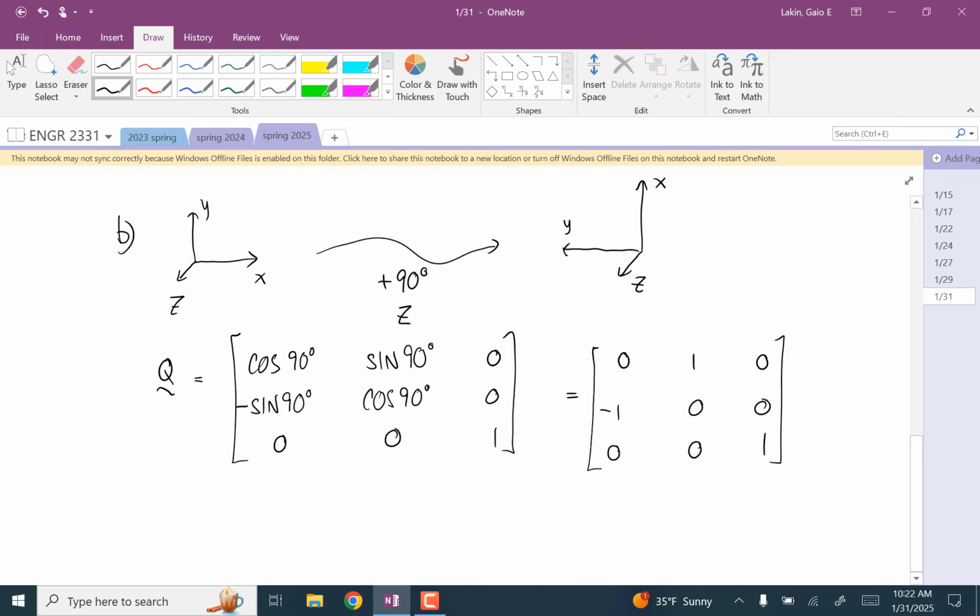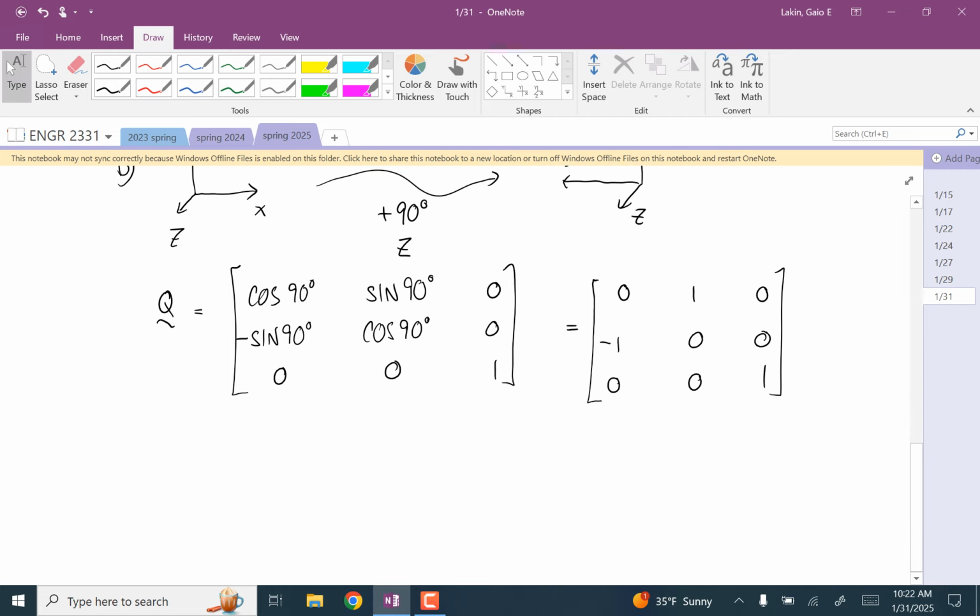So punch that into your rotation z function, put in positive 90, and make sure you get this. Everyone has a little different syntax.